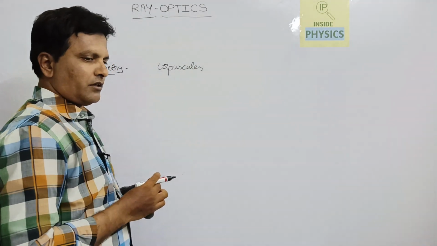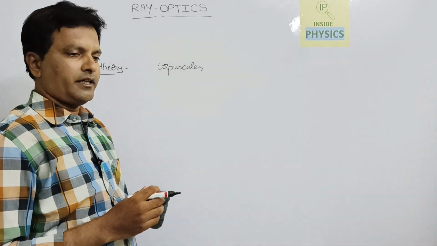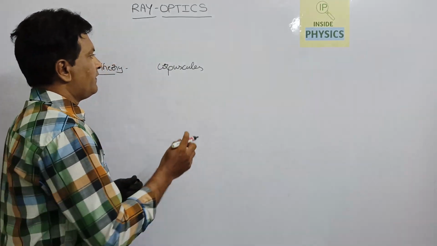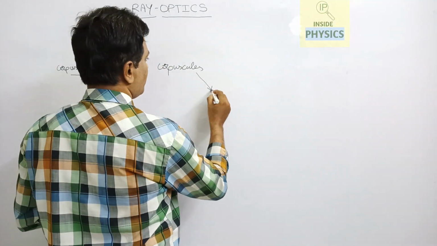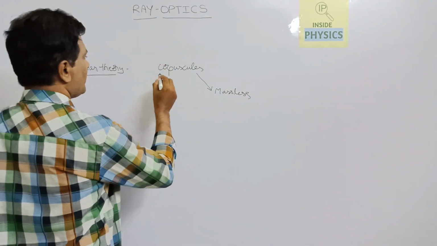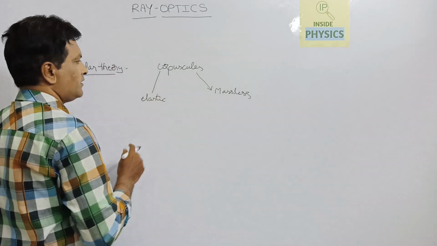Small particles called corpuscles. He actually gives some characteristics of corpuscles: they are massless and elastic.